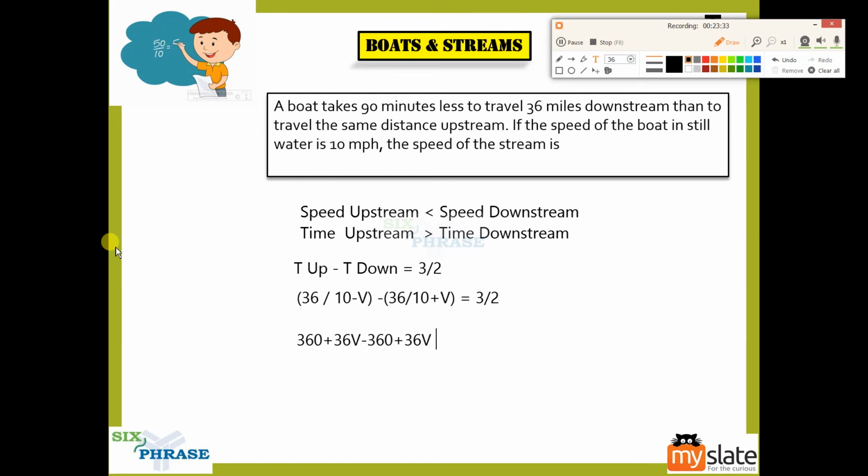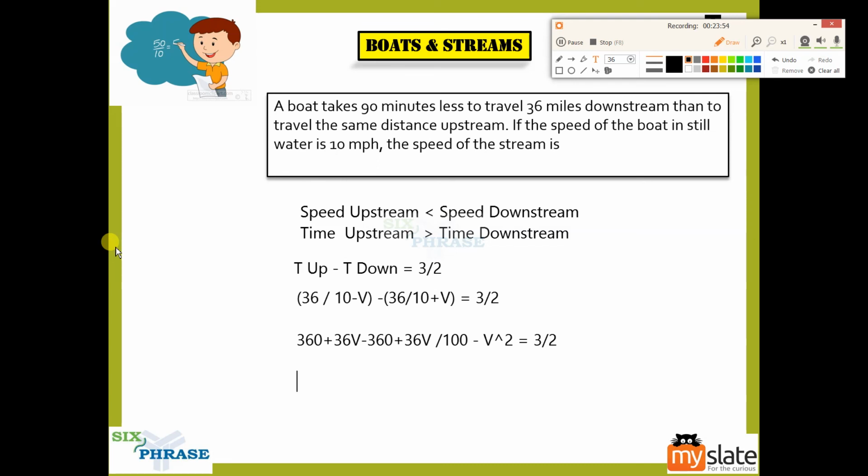You have to divide this by 10 squared minus v squared, because (a plus b)(a minus b) is a squared minus b squared. So 10 squared, which is 100, minus v squared, is equal to 3 by 2. This is how you solve it.